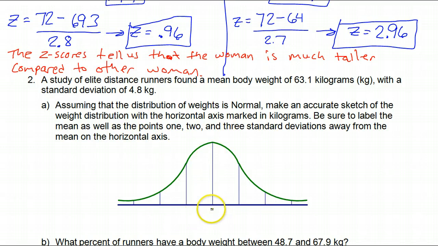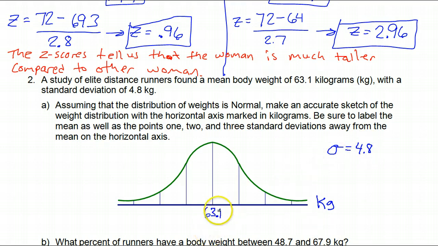Now, the mean is going to go right in the middle. So, the mean is 63.1 kilograms. Okay, and make sure you label this. The x-axis, this is kilograms we're talking about. Now the standard deviation is 4.8.